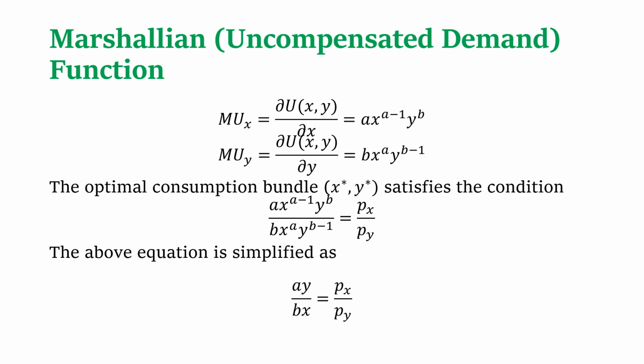If you have x to the a minus 1 divided by x to the a, it is the same as x to the a minus 1 minus a. Remember, in indices, a to the power x divided by a to the power y is a to the power x minus y.